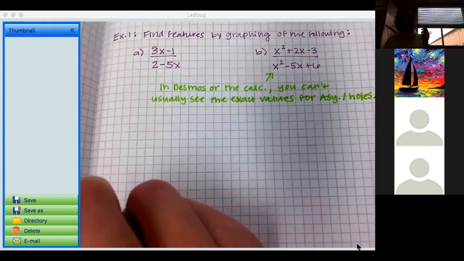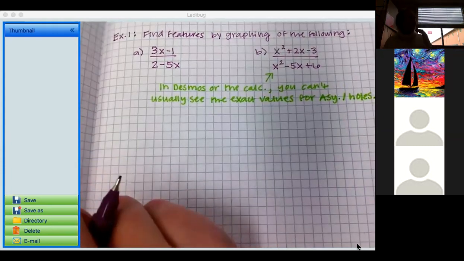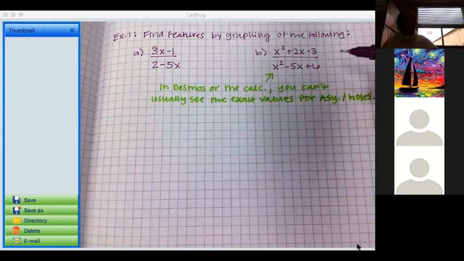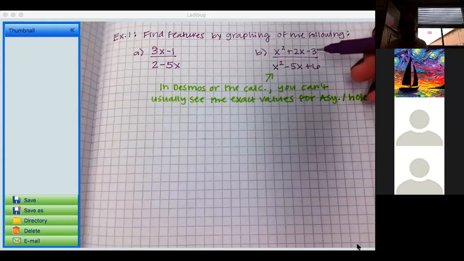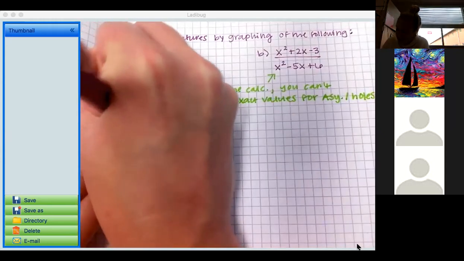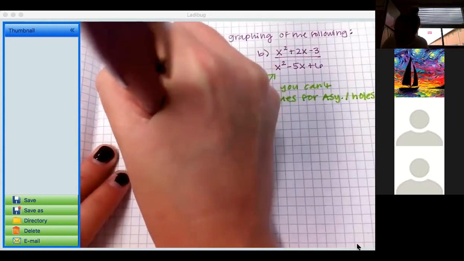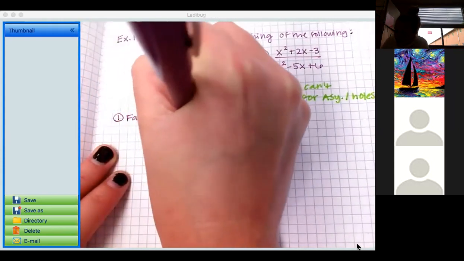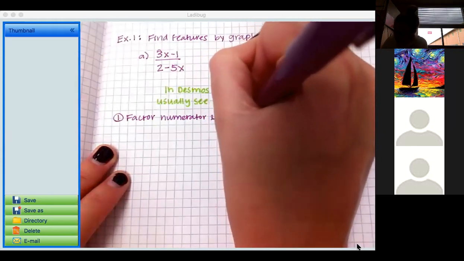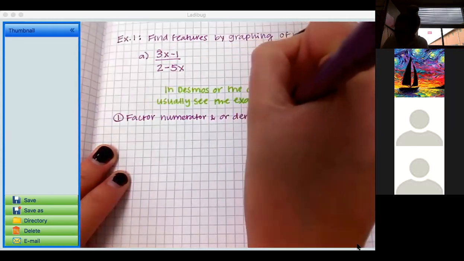The first thing you are going to do is factor what you can factor, numerator, denominator. Which ones can I factor here? Both. Beautiful. So we're going to factor the numerator and factor the denominator. So step 1, factor numerator and or denominator. Whichever ones you can factor, you're going to factor.